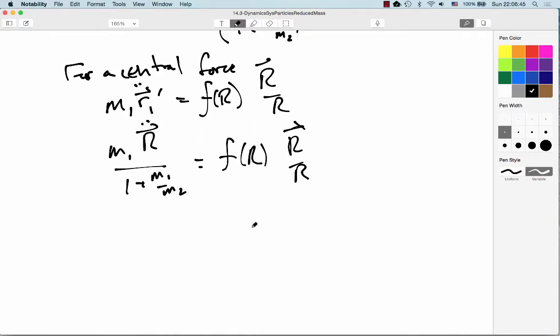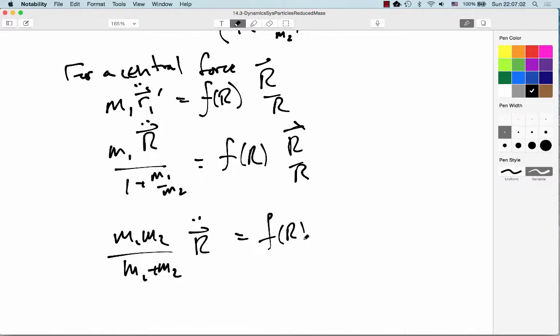Alright, and then to clean this up a bit, I can multiply numerator and denominator by m2. It'll make it look prettier anyway. m1 m2 over m1 plus m2 times R double dot equals f of R over R.